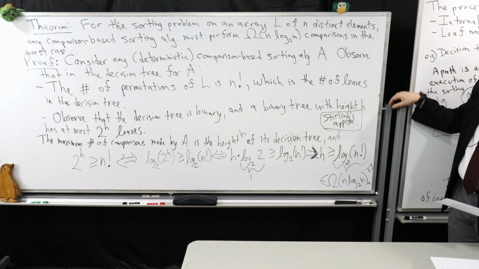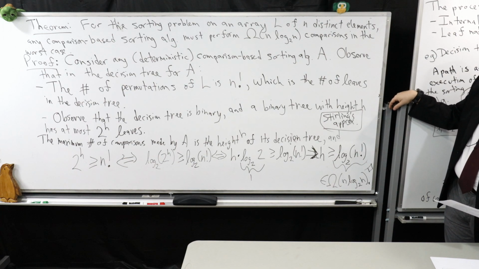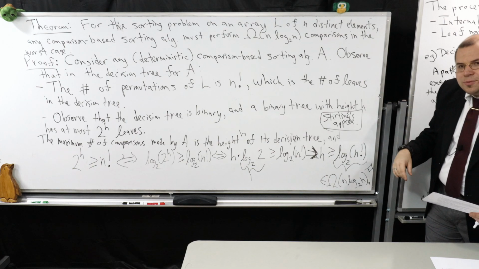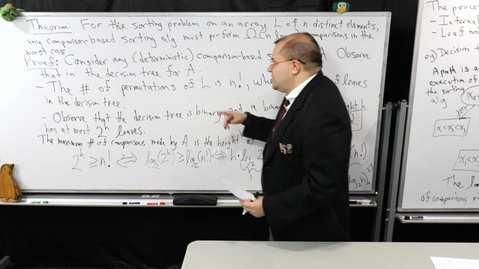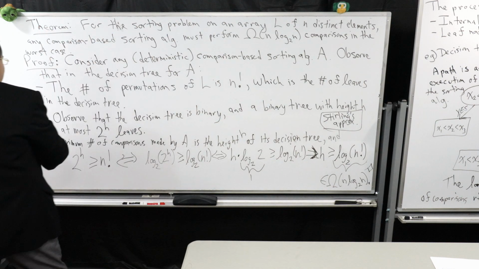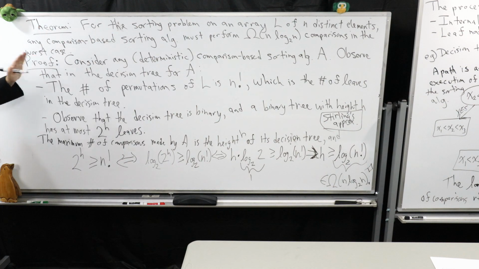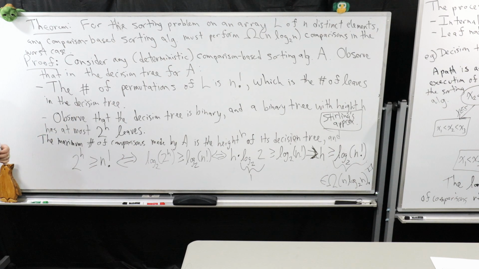Yes. So that being said, I just have a couple of remarks I want to make about this result. Now, I did mention to you that this applies for deterministic comparison-based sorting algorithms. And I derived that log base 2 of n factorial for you.